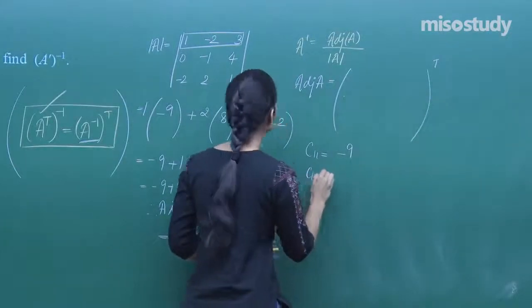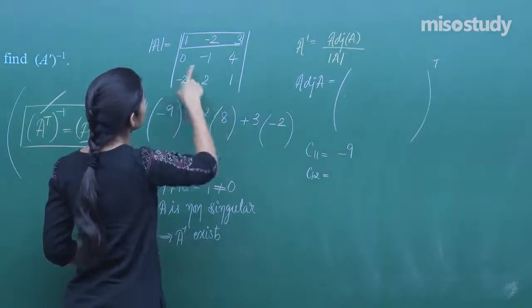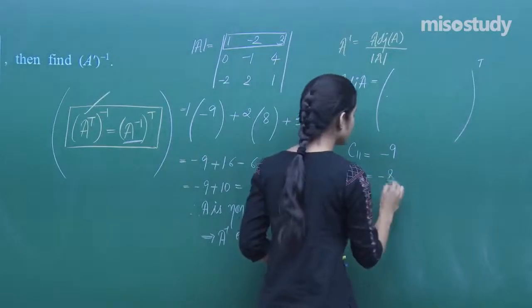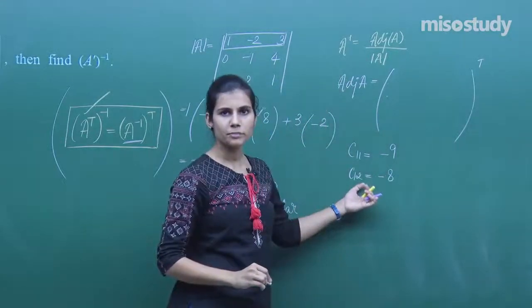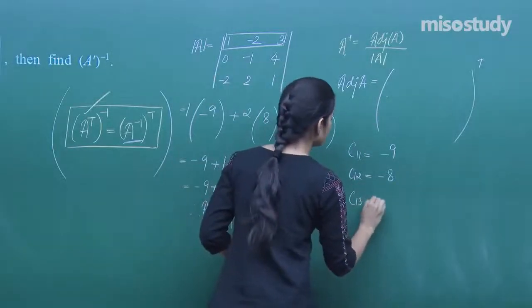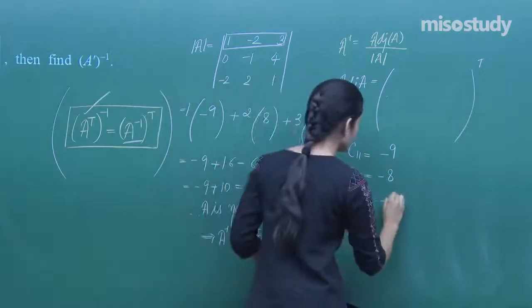Then C12, first row, second column. C12 is 0 plus 8, so it is 8, but it will be minus 8 because minus 1 to the power 1 plus 2 is minus 1 to the power 3, which is minus 1. Then C13 will be 0 minus 2, which is minus 2.